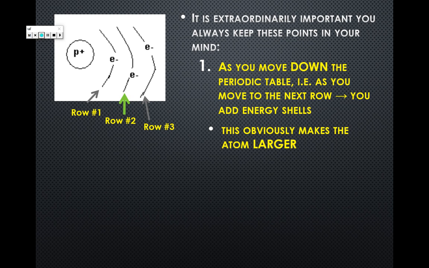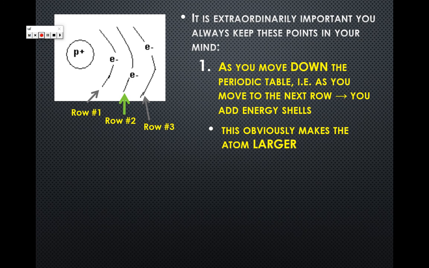But another thing also occurs. When you go down, that's a powerful trend compared to across, okay? Once you get more shells, these shells inside literally look like shields, which is one reason I like this representation of an atom. So not only is it larger, just because you're gaining more electrons and shells, but the outer electrons are now shielded from the nucleus.